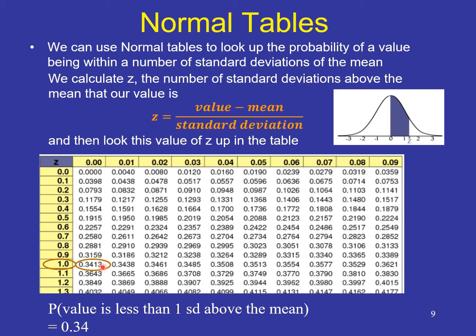So therefore the probability a value is less than 1 standard deviation above the mean is 0.34. So if we doubled that, we'd get 0.68, which is what I mentioned earlier.